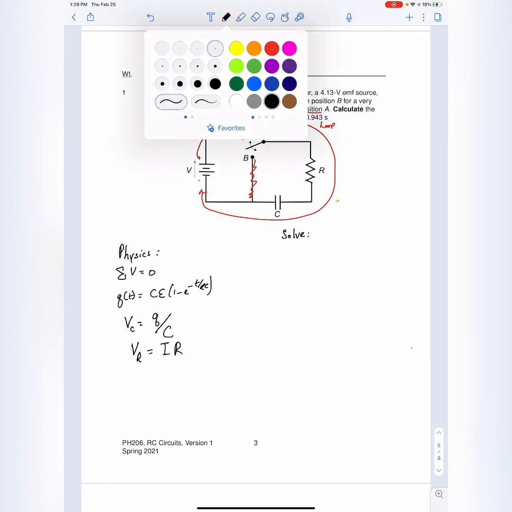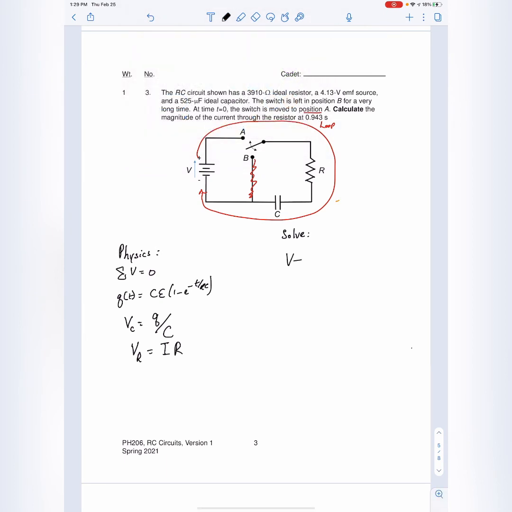So we can write down, because we're going for Kirchhoff's: EMF minus voltage across the resistor minus voltage across the capacitor equals 0. EMF minus I times R, which is the voltage across the resistor, I'm sorry.